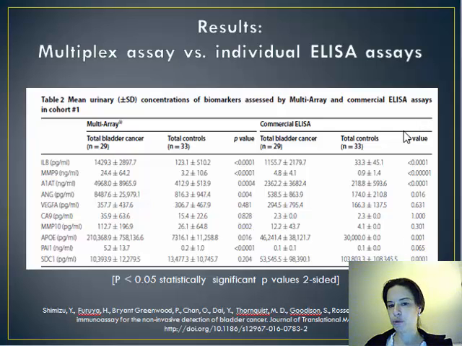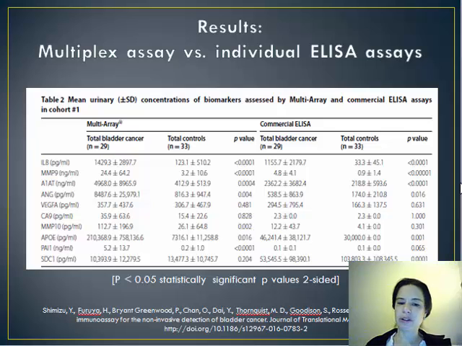Is there a difference between your healthy control versus your bladder cancer sample? So for the most part, the study did support and did actually agree with the prior work that these 10 biomarkers are good candidates, and that there is a difference seen between these different techniques.